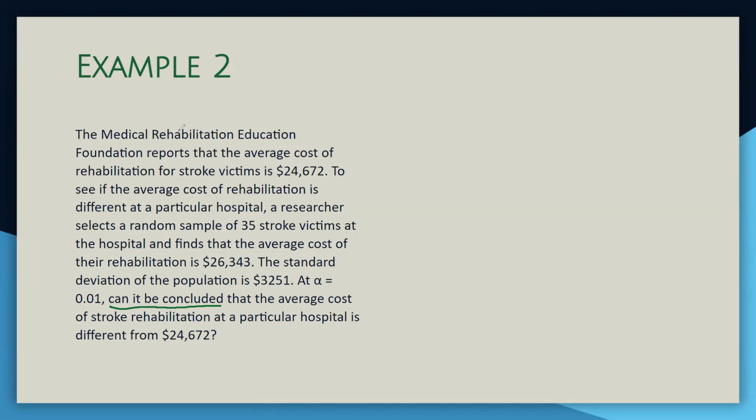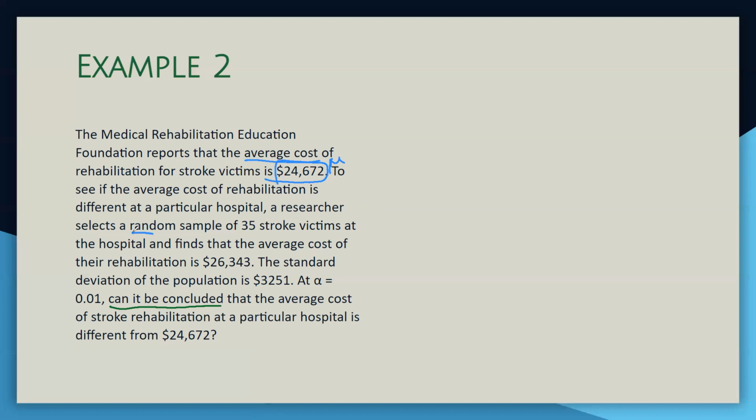So first sentence, the MREF reports average cost is 24,672. That's a population value. That's not a specific group. That's just the average cost for all stroke victims in rehabilitation. So they've given us a claim about a population. And then we see in the next sentence, a researcher wants to see if that cost is different at a particular hospital.